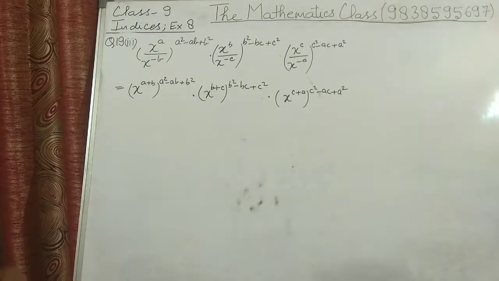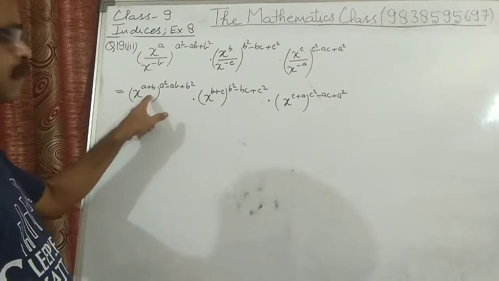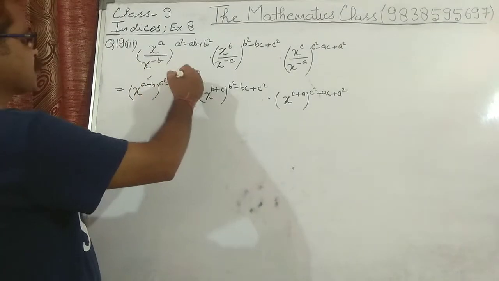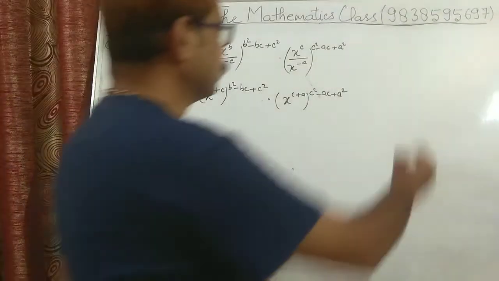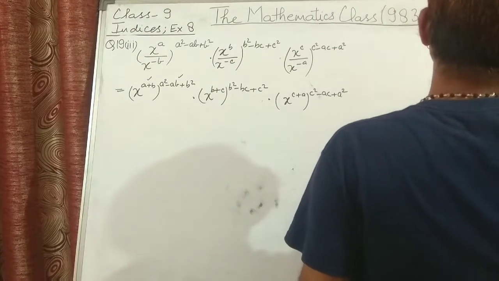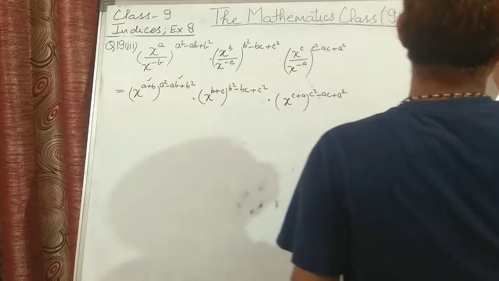Now we know that if there is a power of power, the powers get multiplied. So first we will multiply these two and check what is the value. Means a square minus ab plus b square multiplied by a plus b.